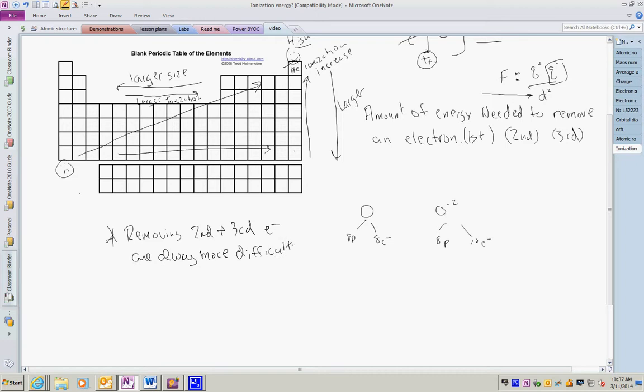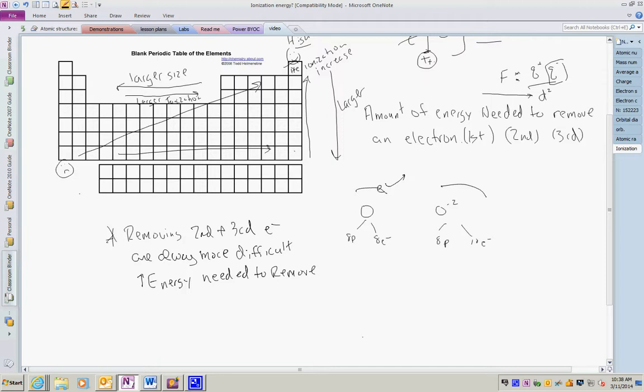Of course, by difficult, you'd want to say it's increasing the amount of energy needed to remove. So I would expect that this guy's oxygen atom, its outer electron, is easier to remove than, let's say, this guy's. And you want to look at a couple things here.